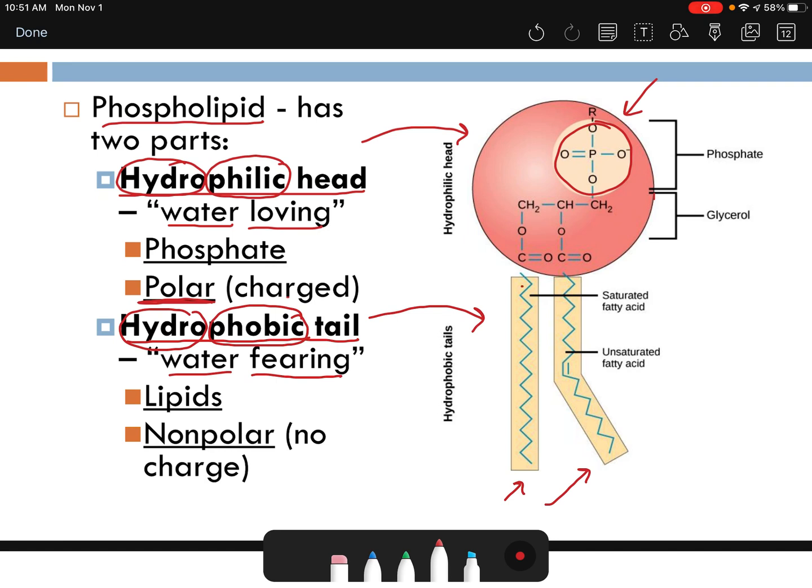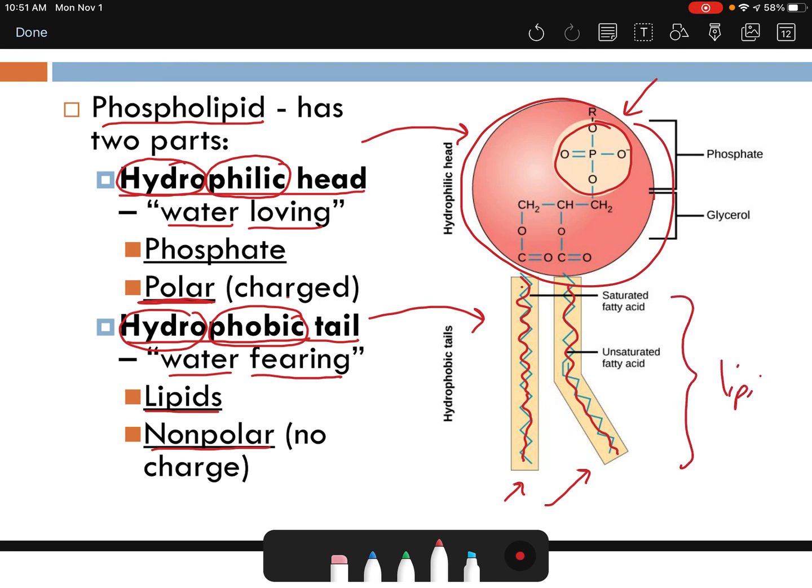So you can even see these long chains. Remember, these are these fatty acids. If you think back to lipids, they have that kind of structure to them. They are also non-polar, okay? So they're made up of lipids and they're non-polar. So when we talk about a phospholipid, the phospho part is the head up here, and the lipid part is the tail down here, okay?